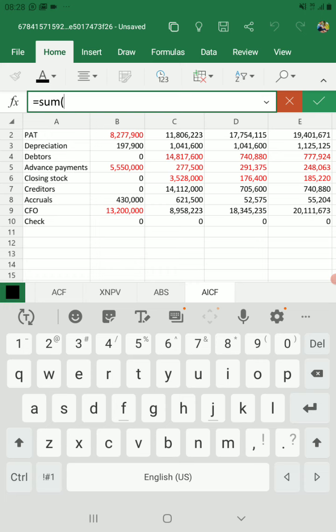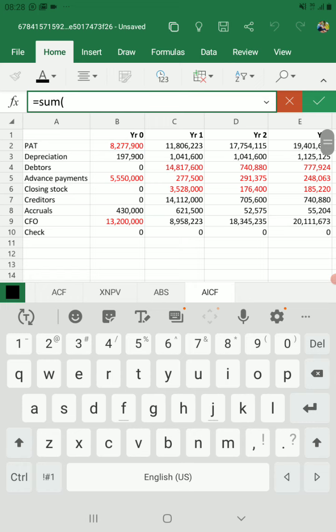Changes in working capital in this case start from profit before tax, then depreciation, then debtors, advance payments, closing stock, creditors, and accruals. So from debtors to accruals, all these are changes in working capital components. So I click on debtors here and select up to accruals here. That will be the net changes in working capital components. So I press enter.